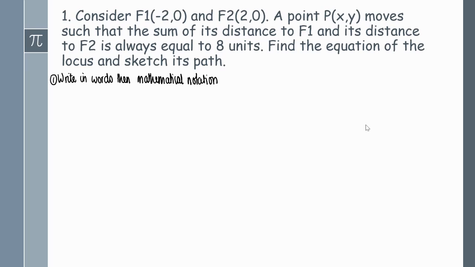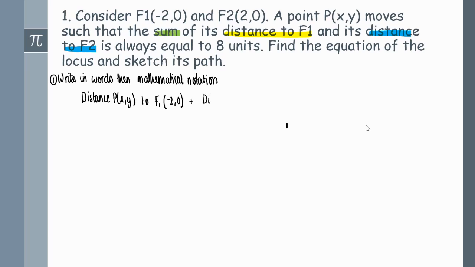So 3 parts that are key. We have the distance from P to F1. And F1 is minus 2, 0. Plus, or the sum of this with the distance of P to F2.